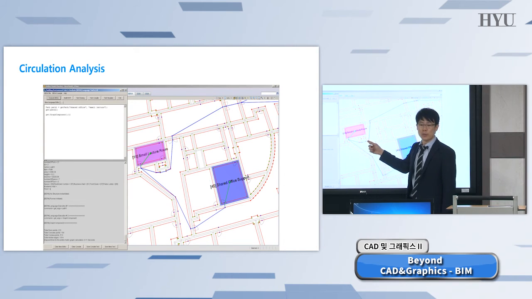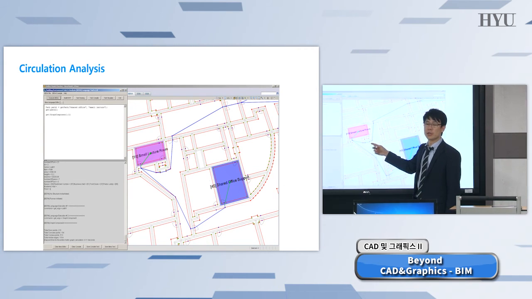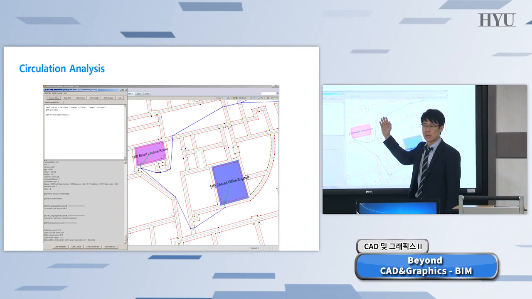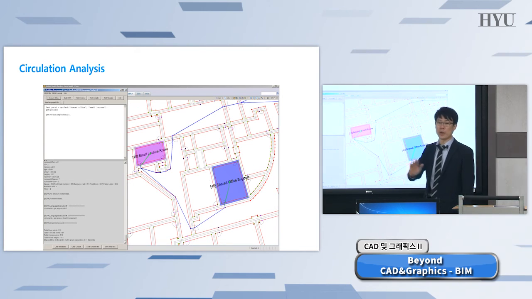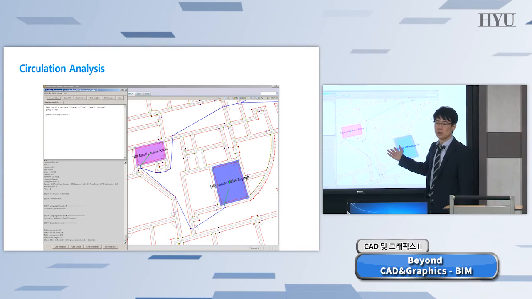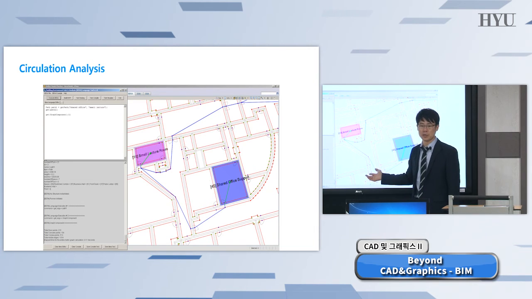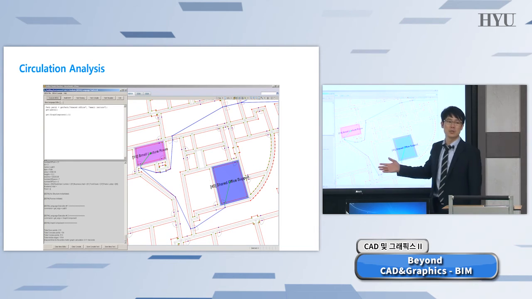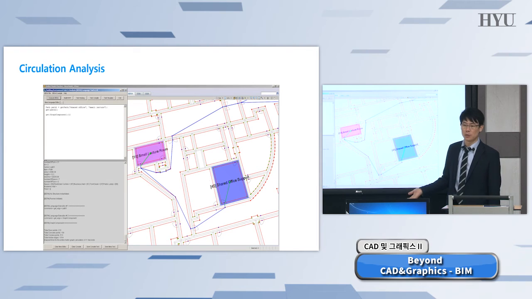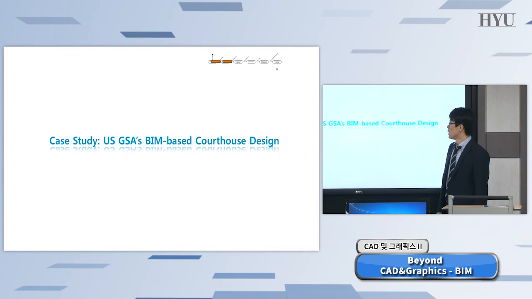Carefully and automatically measured walking distance, number of turns, how many spaces we have to pass by, they are all computed in automation in order to make this building design better, okay, as a data set, as an application.